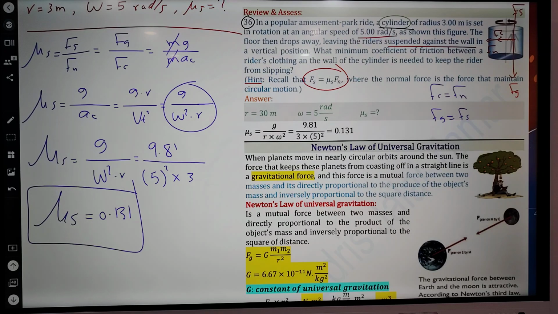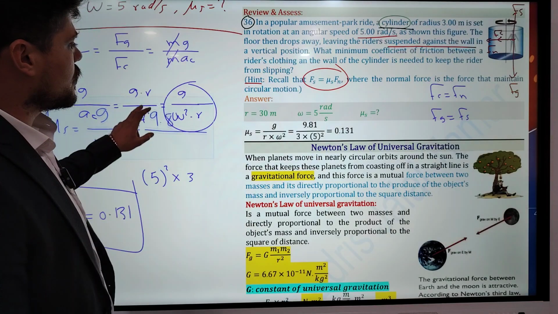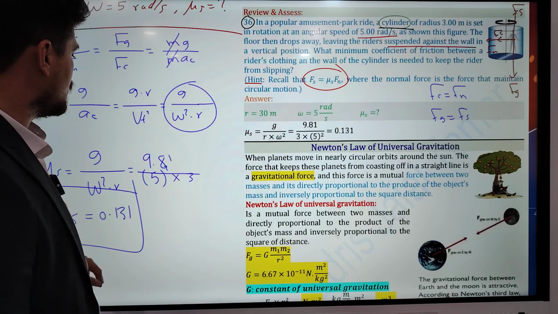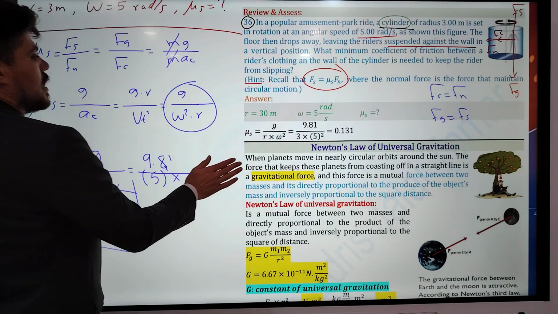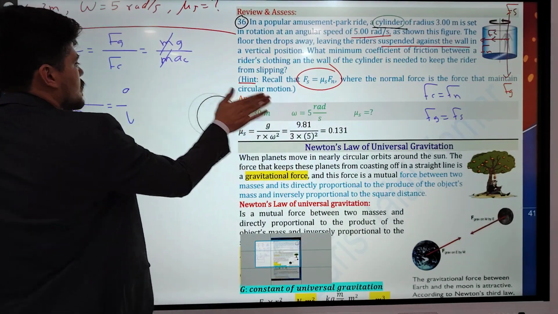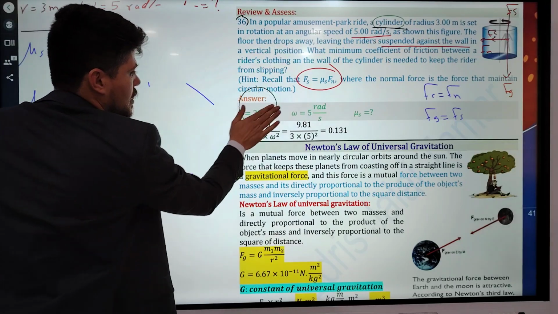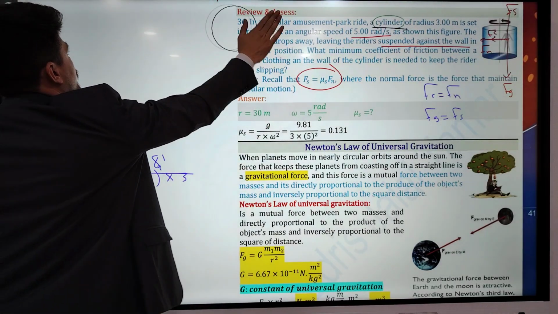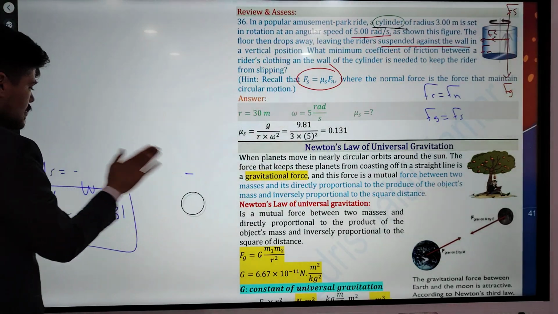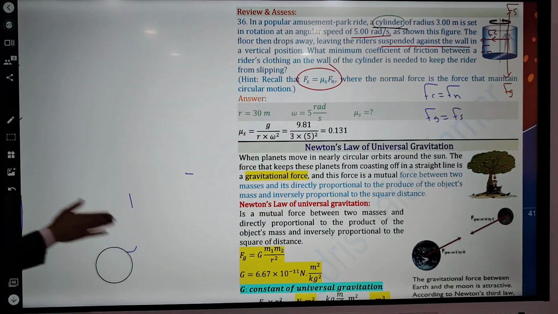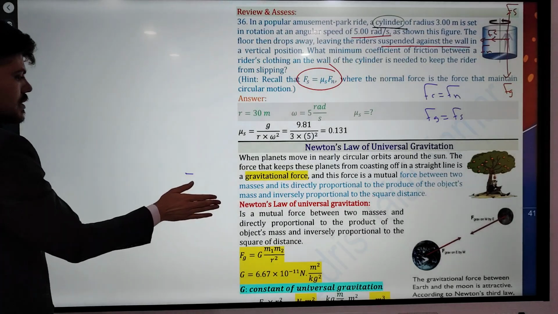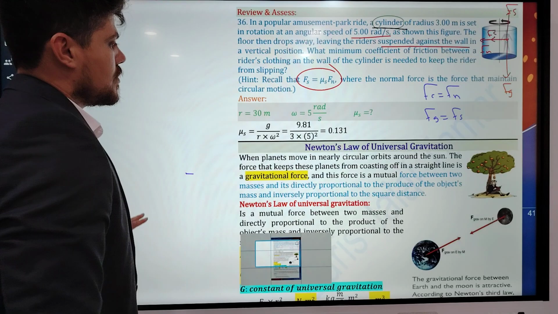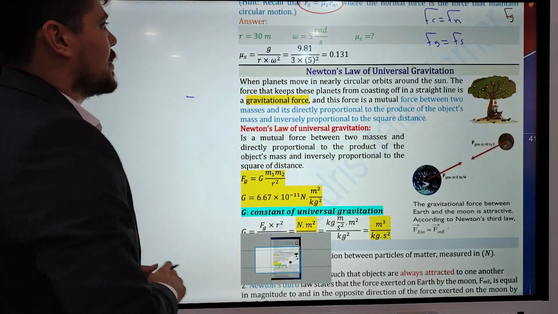Okay, we finished all the questions related to the centripetal force. Now let's get started solving and explaining Newton's law of universal gravitation. It is very important, and for many years questions have been brought up about this topic. So that's why you have to listen carefully. Okay, guys. Newton's law of universal gravitation.